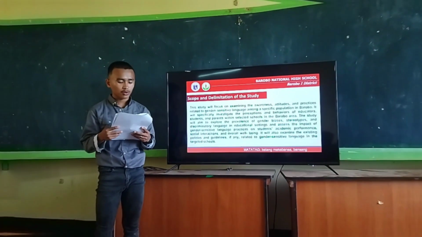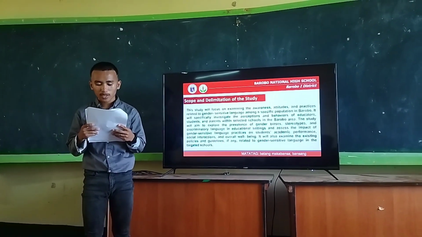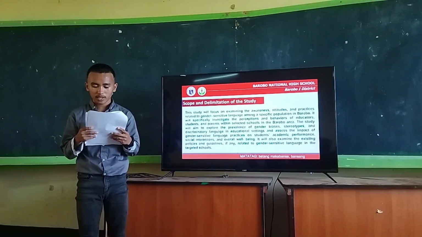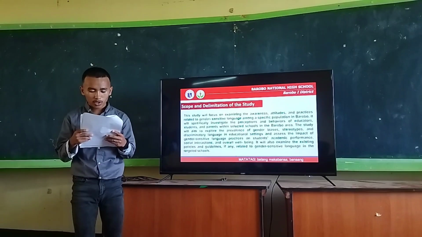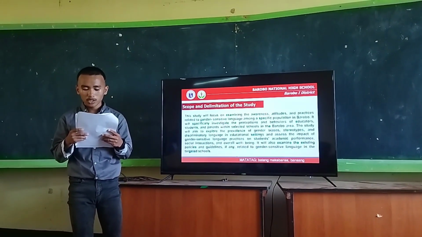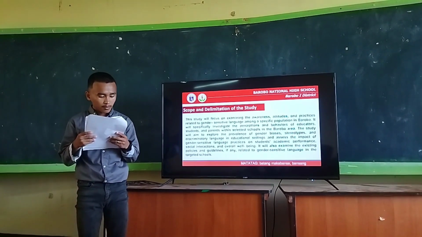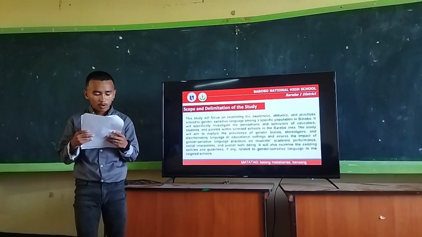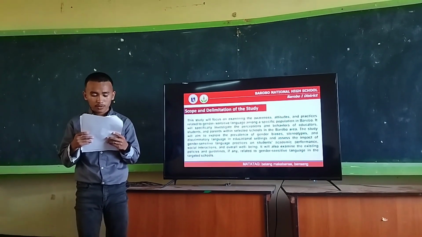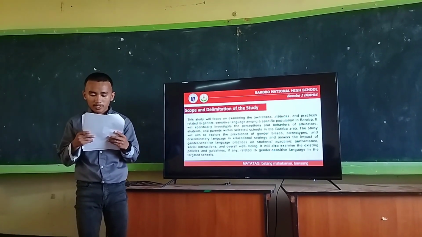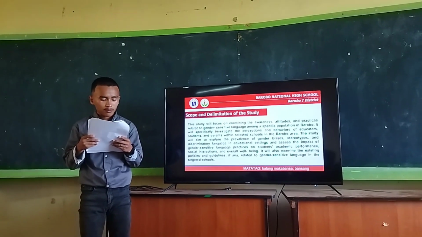Scope and delineation of the study. This study will focus on examining the awareness, attitudes, and practices related to gender-sensitive language among a specific population in Barabon. It will especially investigate the perceptions and behaviors of educators, students, and parents within selected schools in the Barabon area.